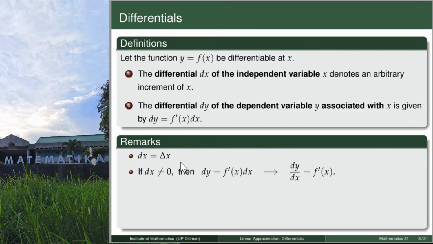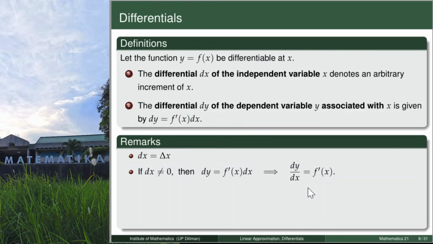Next, if dx is not 0, then from this expression, we can divide both sides by dx and we get this. Does it look familiar? Yes, because this symbol, dy over dx, we always see when we get derivatives, right? This is actually a symbol for the derivative of y with respect to x, or the derivative of f with respect to x.